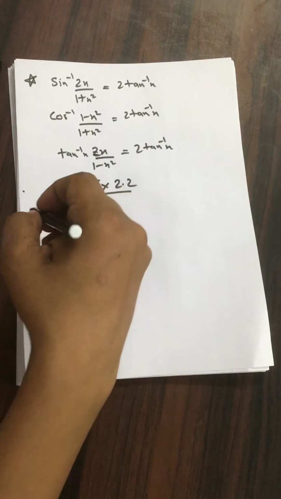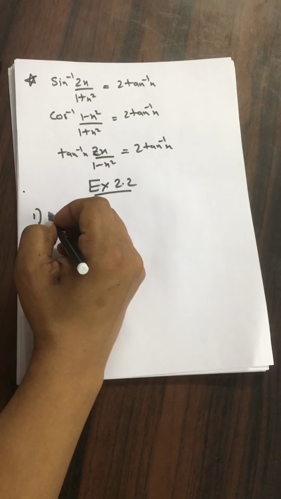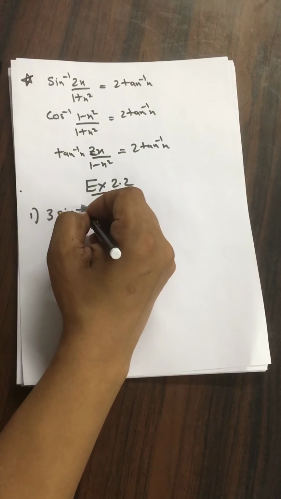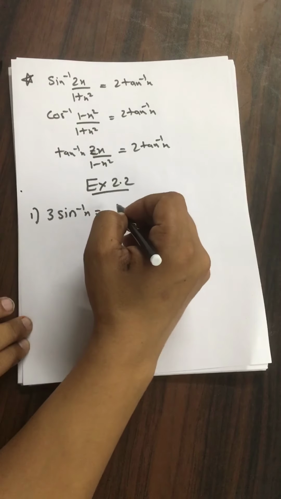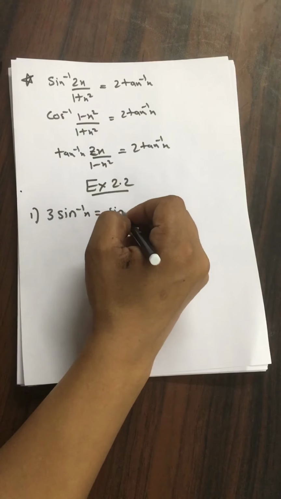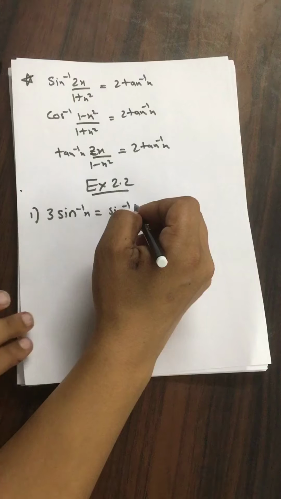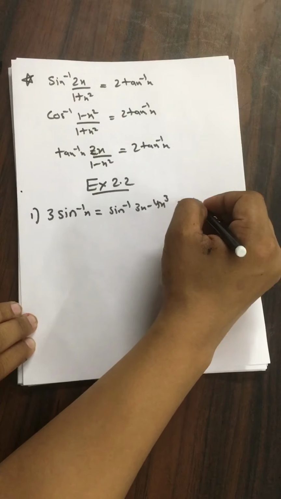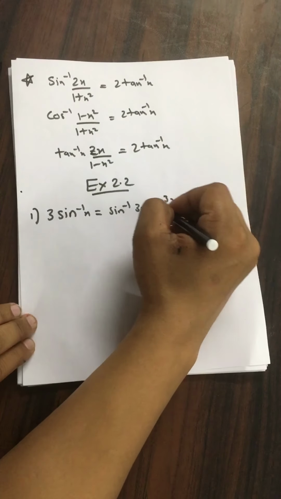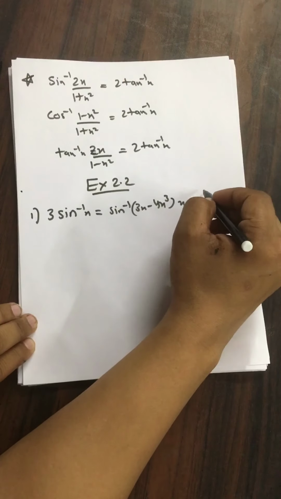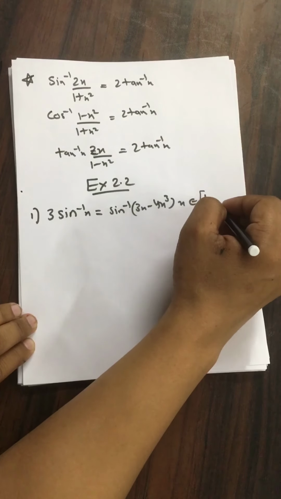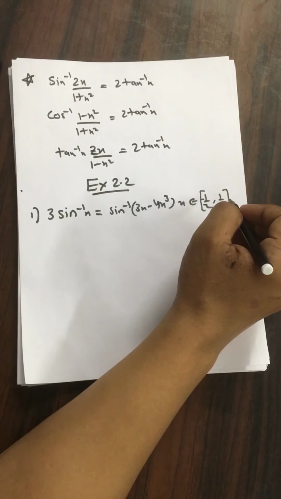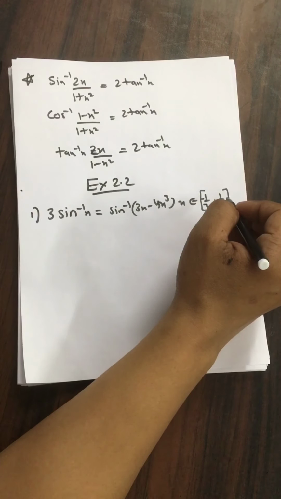The first question says that 3 sine inverse x equals sine inverse of (3x minus 4x cube), where x belongs to the closed interval negative half to half.